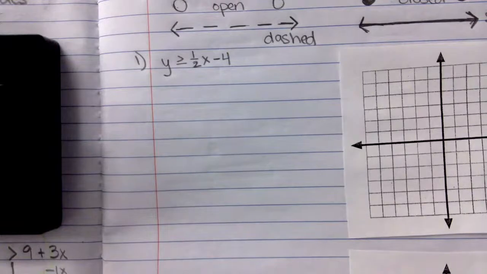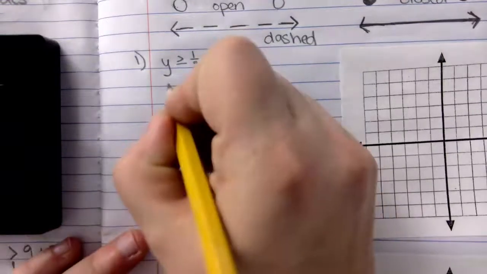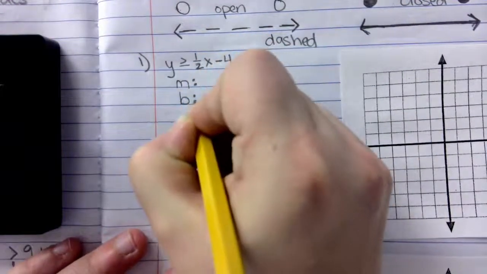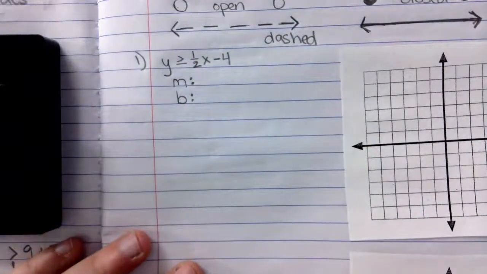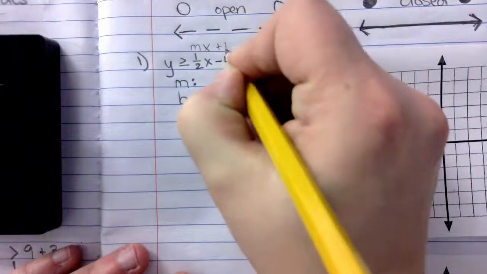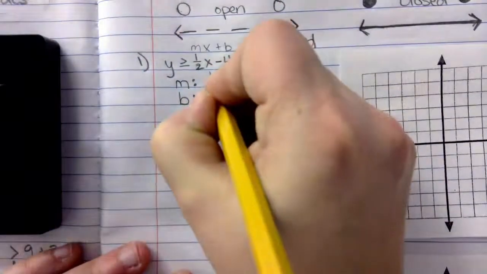The first thing that we need to tell is what's the slope and the y-intercept, because we need to know that in order to graph. So what is my slope and what is my y-intercept? If you need to, you can write above it mx plus b. My slope is 1/2, and my y-intercept is -4.